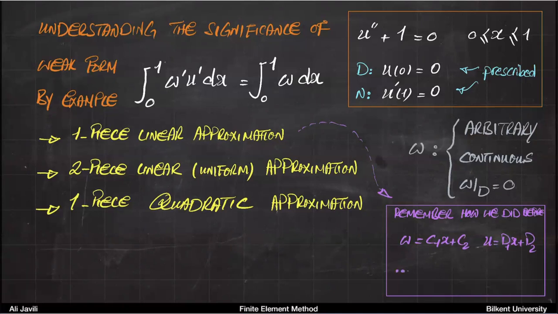And then you inserted this into your weak form, which you had from 0 to 1. Again, if it was one piece, you would have just one of them. And then we use the fact that this holds for every W, so the fact that the W was arbitrary.